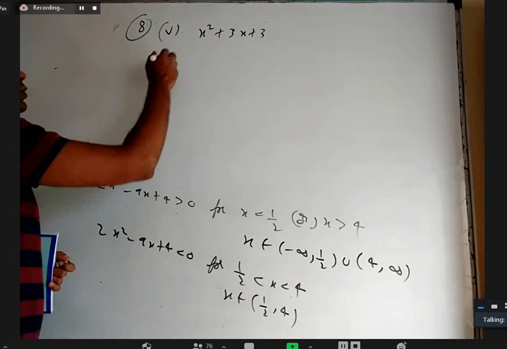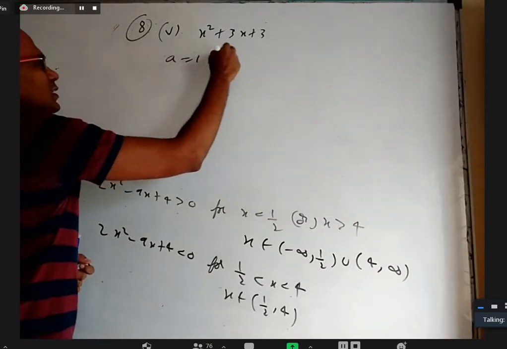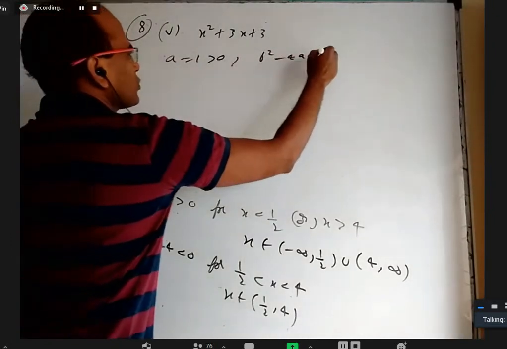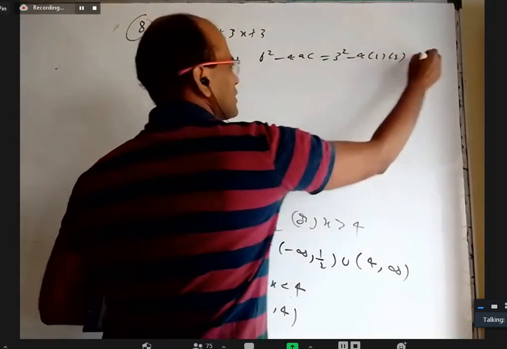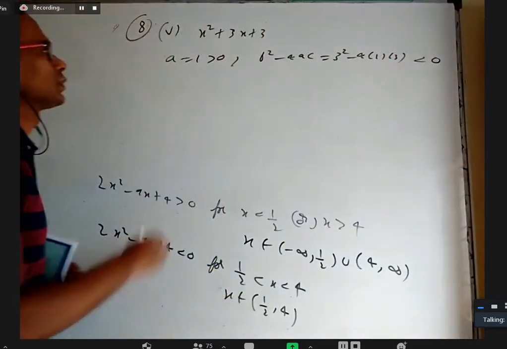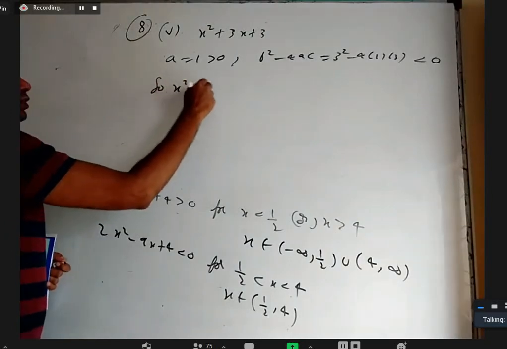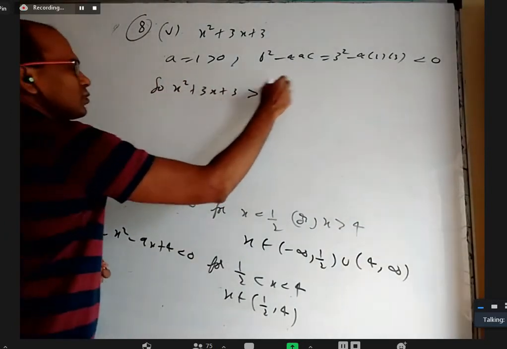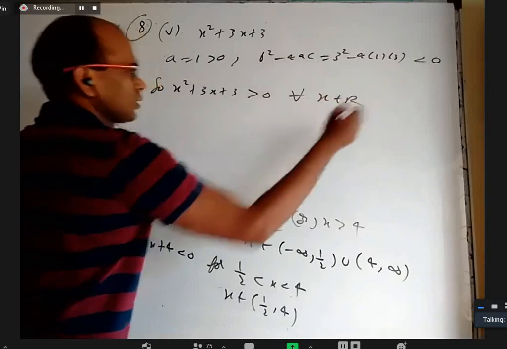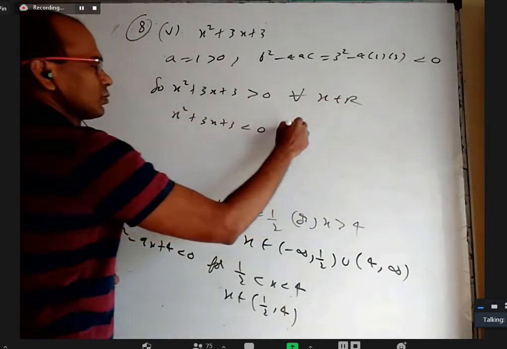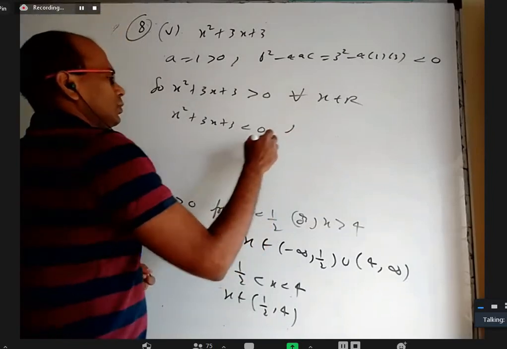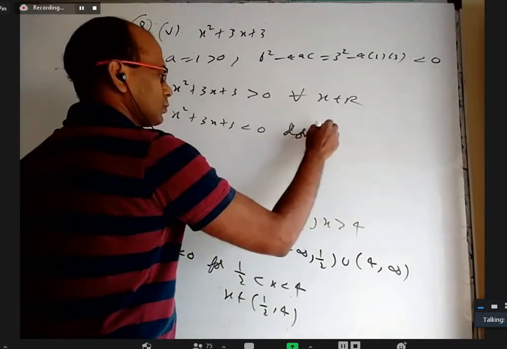Okay. So here a equal to 1 is greater than 0. B square minus 4ac, 3 square minus 4 into 1 into 3, which is less than 0. So x square plus 3x plus 3 is greater than 0 for all x belongs to R. And x square plus 3x plus 3 is less than 0 doesn't have any solution.